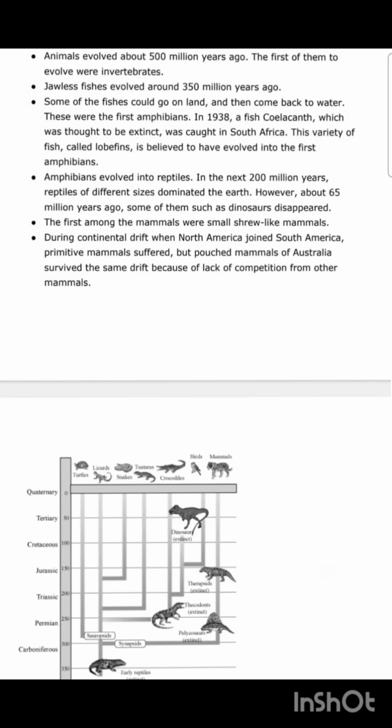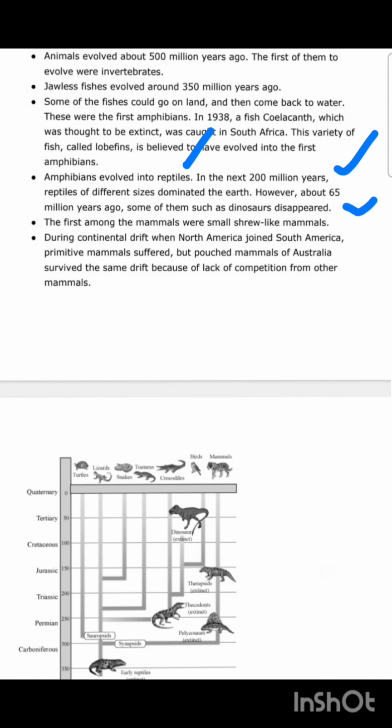This variety of fish, called lobefins, is believed to have evolved into the first amphibians. Amphibians evolved into reptiles. In the next 200 million years, reptiles of different sizes dominated the earth. However, about 65 million years ago, some of them, such as dinosaurs, disappeared.